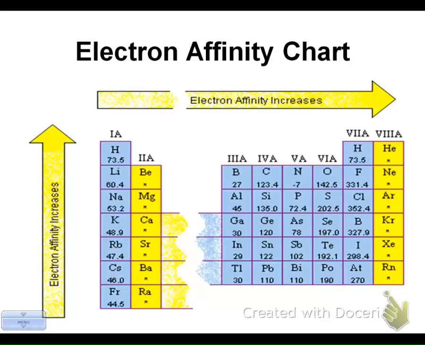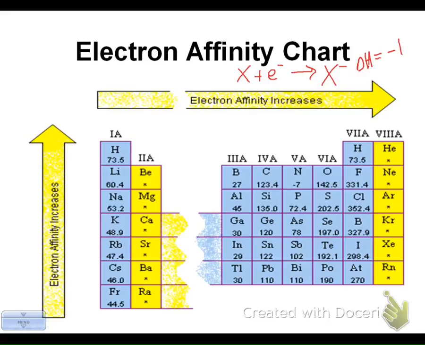There is also an equation associated with this, similar to the one in ionization energy. Again, if we have element X, we are going to try and add an electron to this element, and the result of that will be, this time, a negative ion. This time the energy change will be negative.